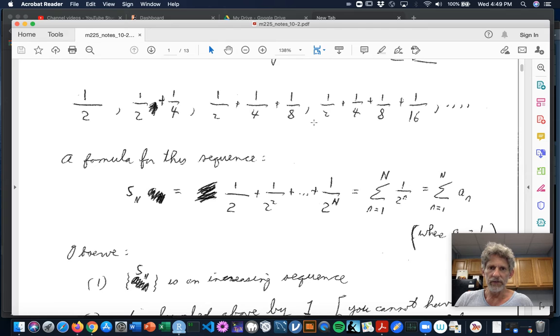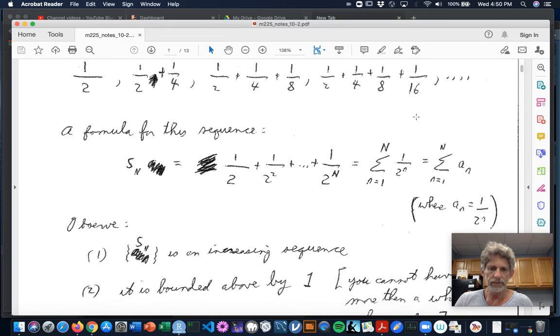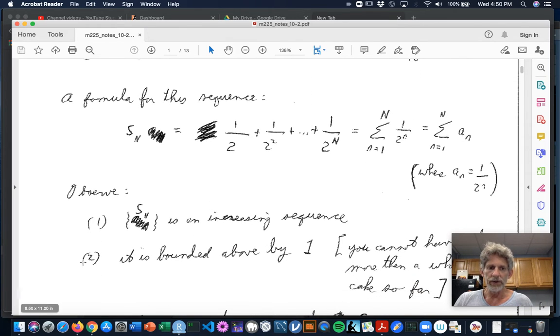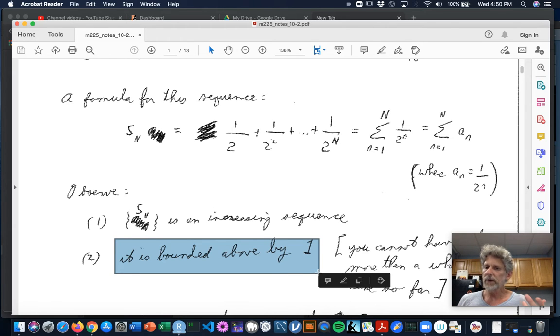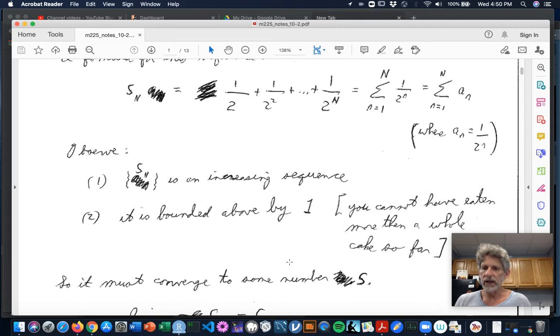That's because every time, the extra number we're adding on to what we had before is a positive number. Second of all, this particular sequence of partial sums is bounded above by 1. That's because no matter how many days you've been at it, you can't have eaten more than the whole cake, so your total amount eaten can't be more than 1.